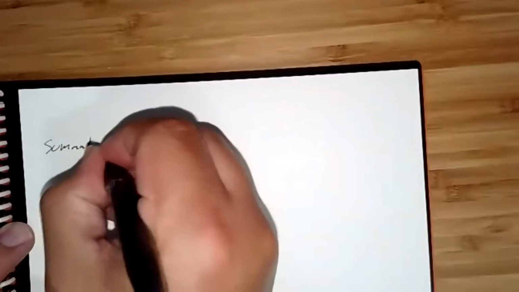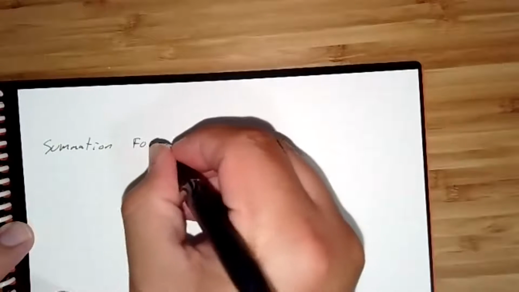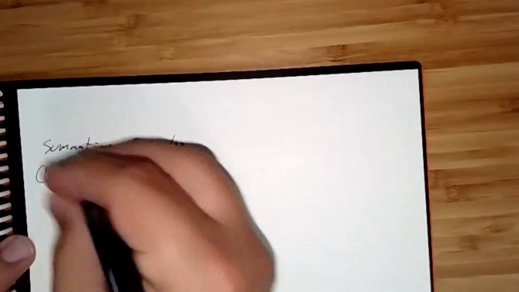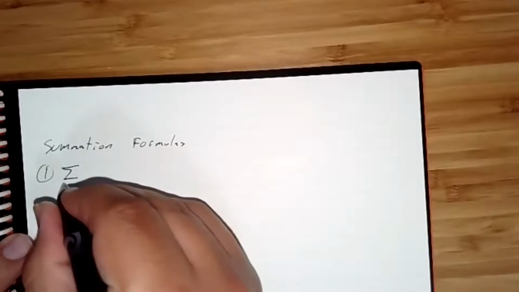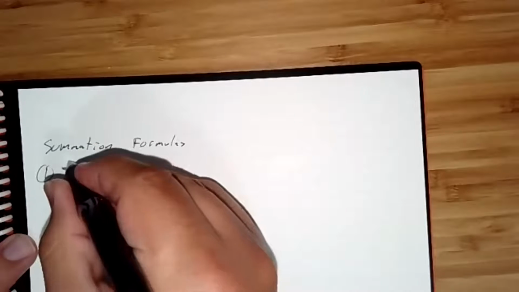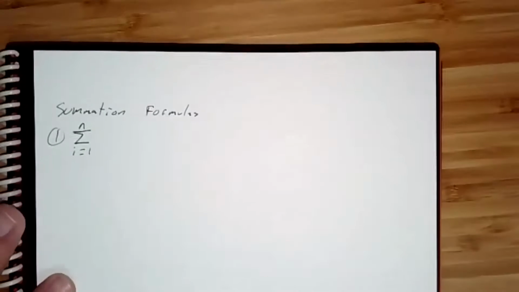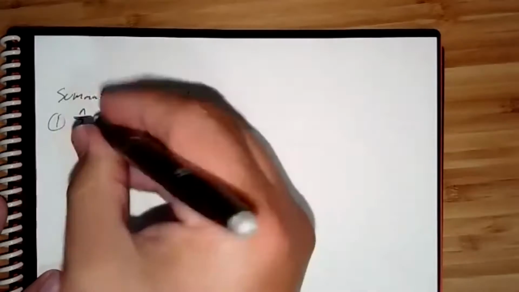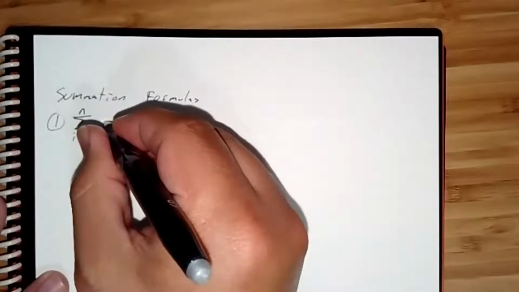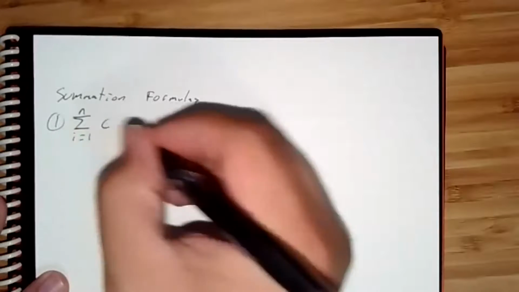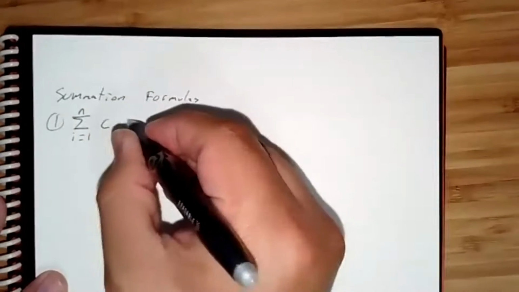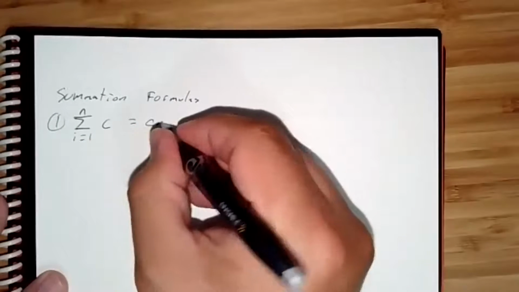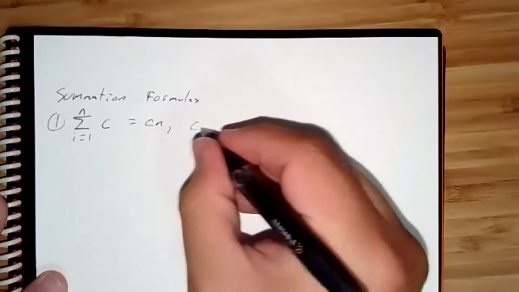Summation formulas. Number 1: this will help you skip steps, or if you have questions that are not finite. If you're summing some constant c from 1 to n, the answer will be cn, where c is a constant.